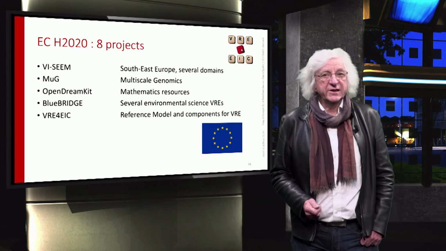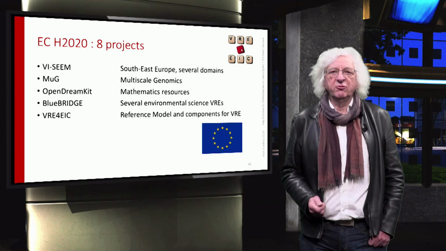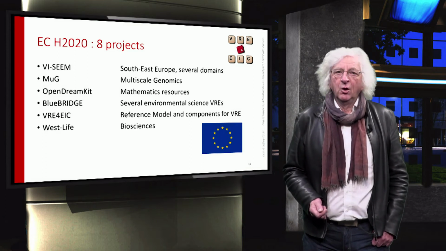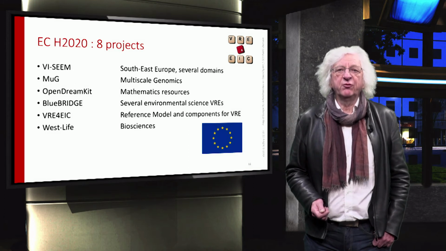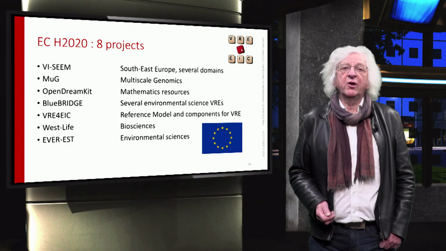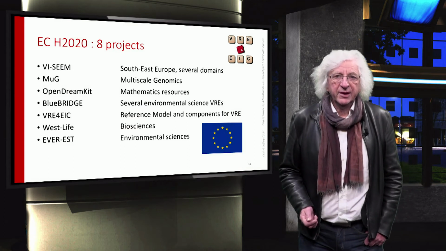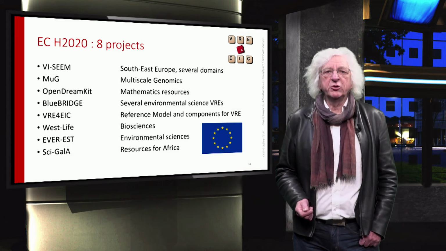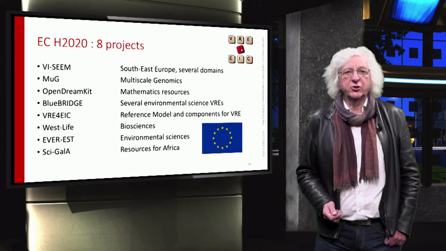VRE for EIC, this project provides a reference model and components for VRE. Westlife is a VRE for biosciences. Everest is a VRE for environmental sciences. SciGaia is a special kind of VRE providing resources for research and education in Africa.